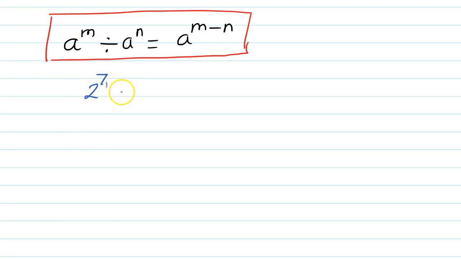2 to the power 7 here and 2 to the power 3. Here what you need to do is, from the first power take away the second power. Remember my statement: from the first power you take away the second power. So that is 7 minus 3, that is 2 to the power 4. This is example 1.